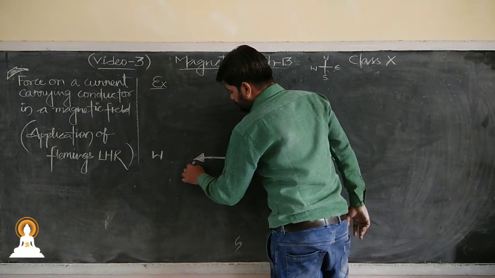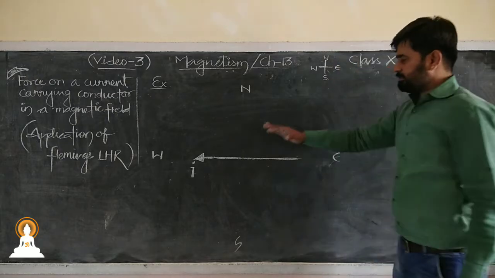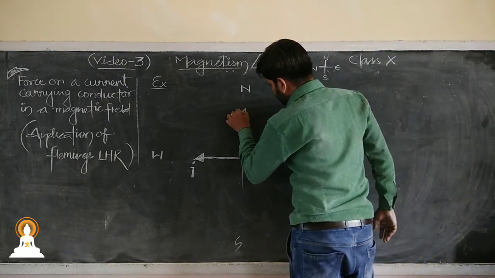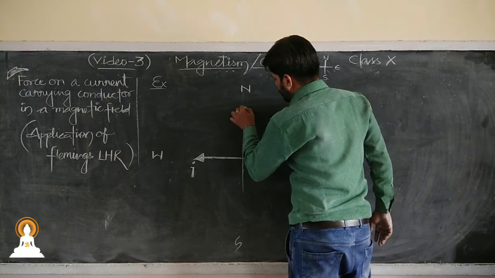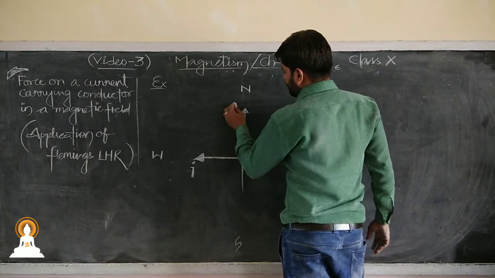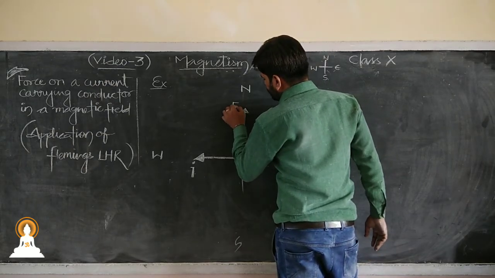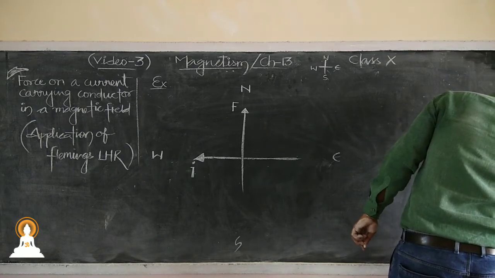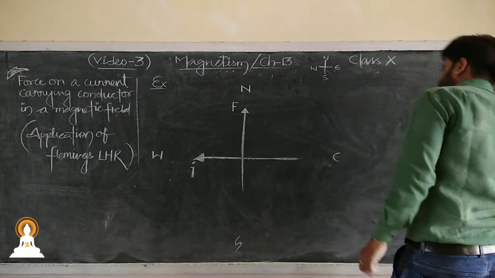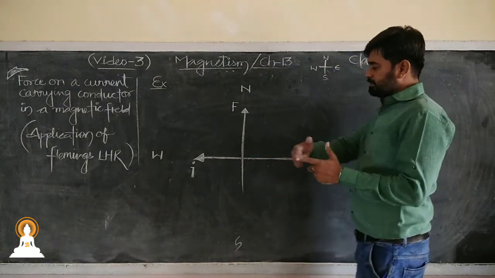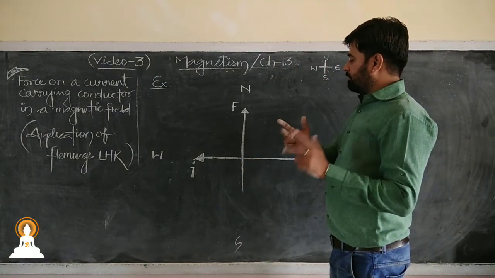So the particle was moving towards west and it was deflected towards north, which means a force was exerted towards north by a magnetic field. We need to find the direction of the magnetic field. This time, we have given this, but we have to find this.